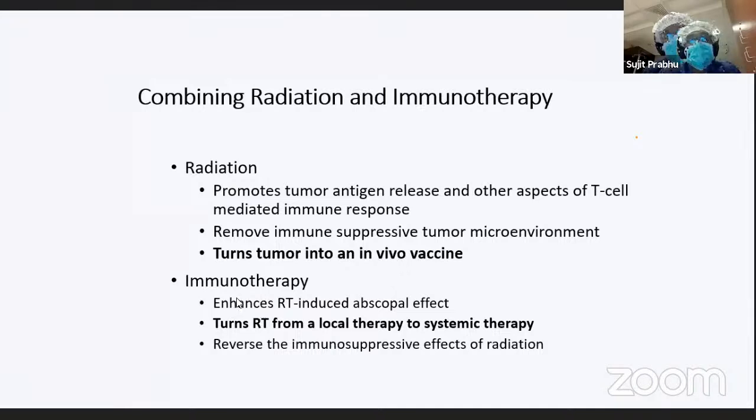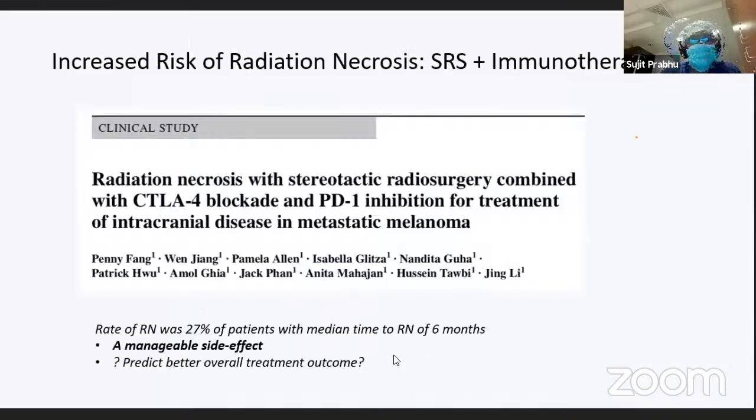And as we know, immunotherapy enhances the radiation therapy abscopal effect, turns the radiation from a local therapy into a systemic therapy because of the release of these various immune response antigens, and it can reverse some of the immunosuppressive effects of radiation.